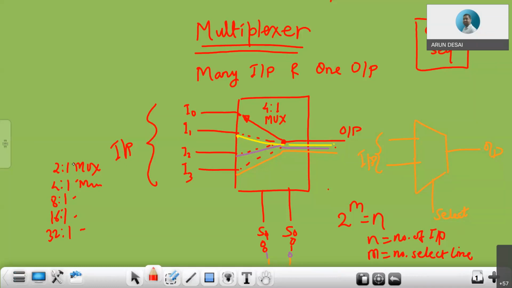So you can use those ICs to form your digital circuit. By using this multiplexer, you can design your different circuits on your own by using the IC of the multiplexer.